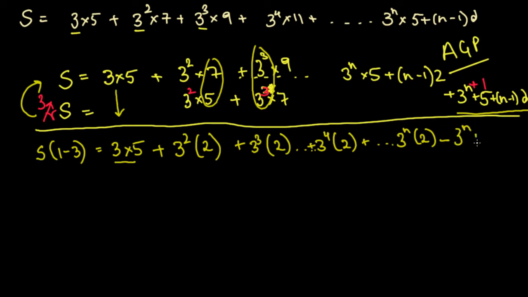So 3 to the n plus 1 into (5 plus (n minus 1) into d). d is 2, I always forget to write this 2 here.